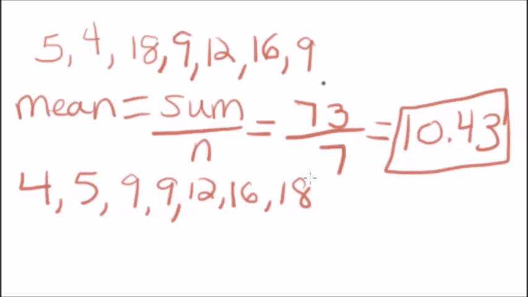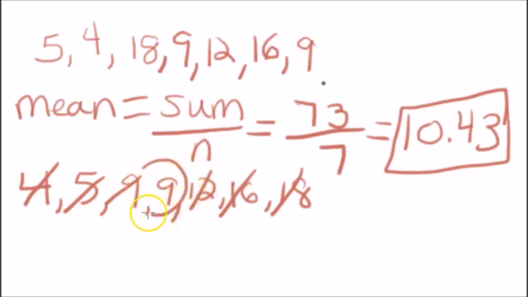Median means the middle. So the best way I have found to find the median, or the middle, is to eliminate the first number and last number all the way until you get to either one middle number or two middle numbers. For instance, we have 4, 18, 5, 16, 9, 12.